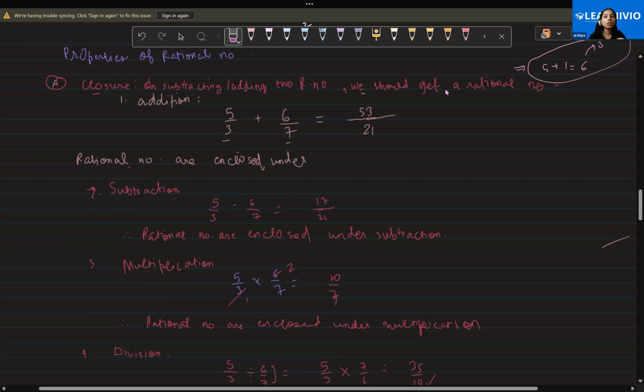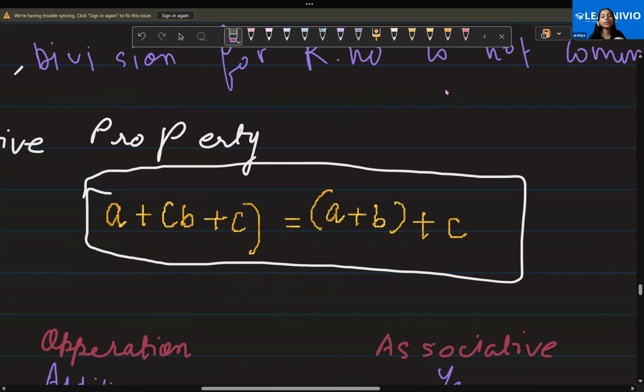A plus, in the bracket, B plus C, will be equal to A plus B in the bracket, and then outside the bracket we have C. Again, addition and multiplication can work this way, but subtraction and division will not, because if we subtract we get different signs, and if we divide like that, we get a different answer. Okay. Yes, ma'am.